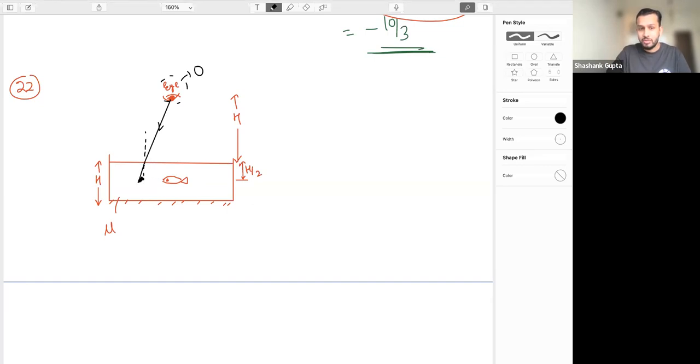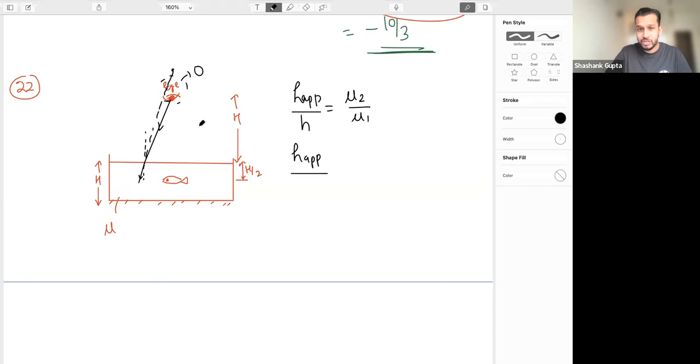And the image will form where? From air to water, the ray is going like this. The first ray will bend towards the normal and the image of the eye will form here. To be honest, if this comes in the exam, I won't draw the ray diagram. I just know this formula: H apparent upon H is equal to mu2 by mu1. So H apparent is what we have to find out.